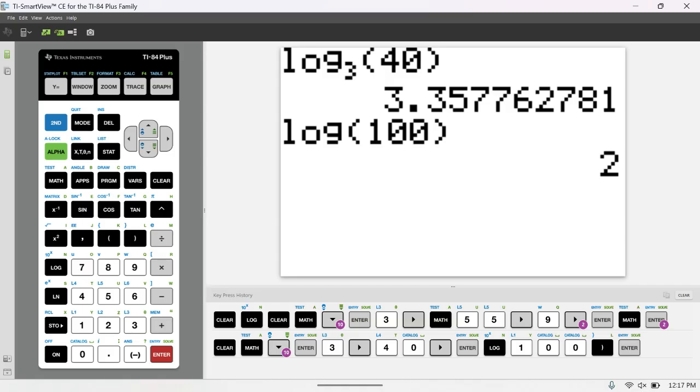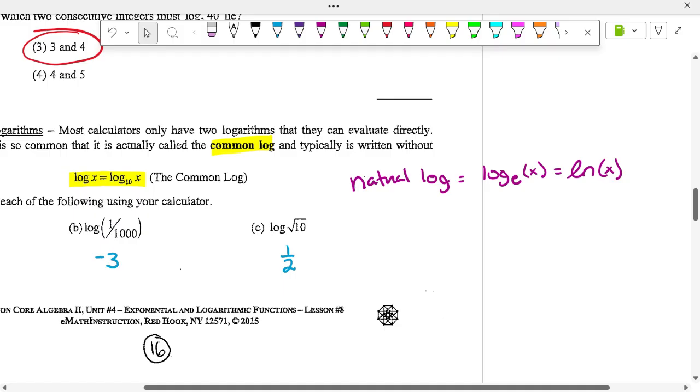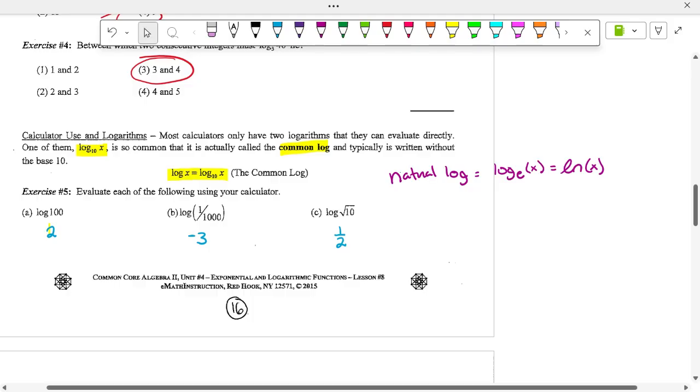Both of these logs have a very special use. We will use them more when we're solving exponential equations without like bases. We'll talk more about that tomorrow, but for right now, I just want you to be aware of their existence.